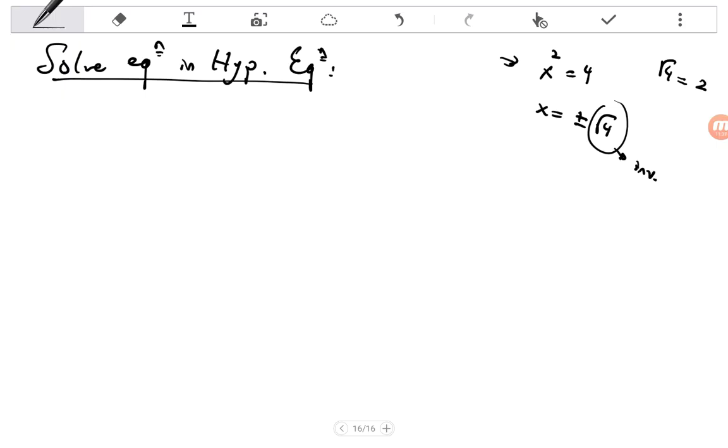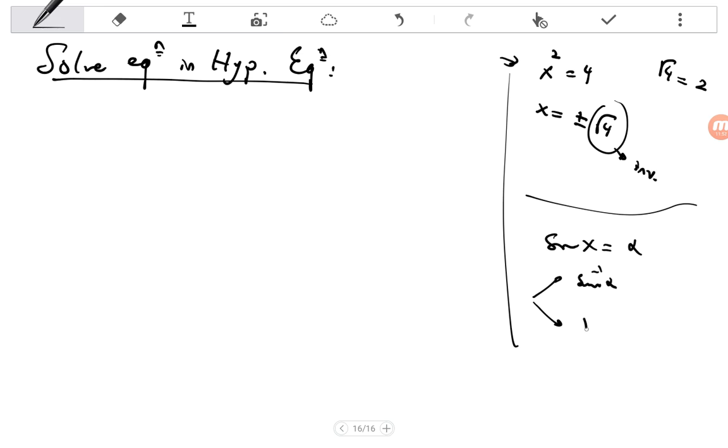To find the set of all solutions, you will find that all solutions are expressed in terms of the inverse function. We have learned that same concept when we solved trigonometric equations. For example, when I say that sine x equals some number alpha, we have two basic angles, which are sine inverse alpha and pi minus sine inverse alpha. Then we added up some multiples of 2 pi and so on.